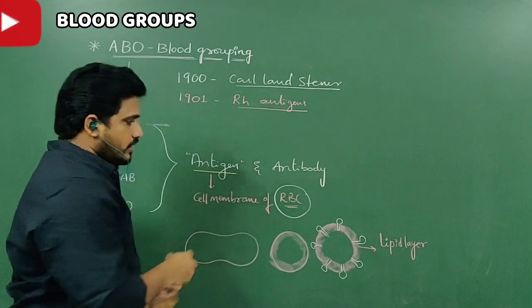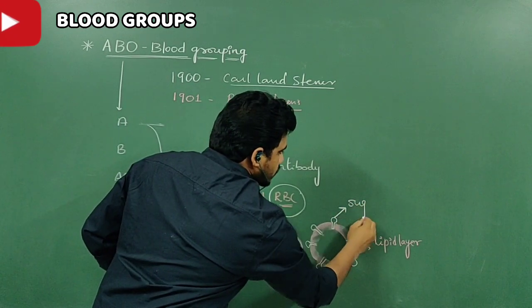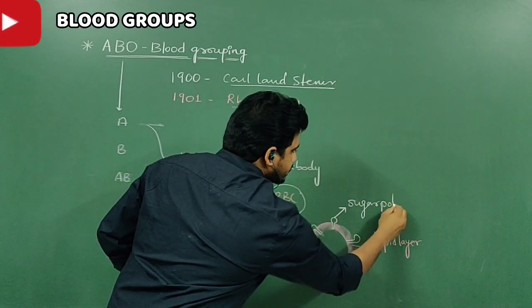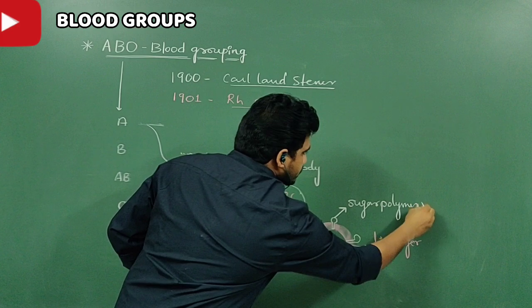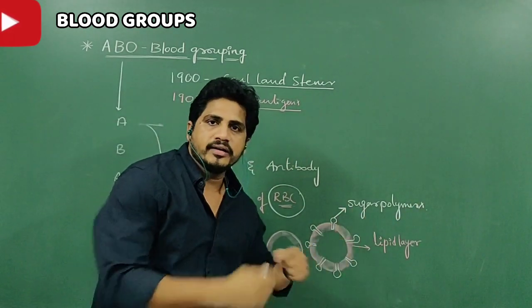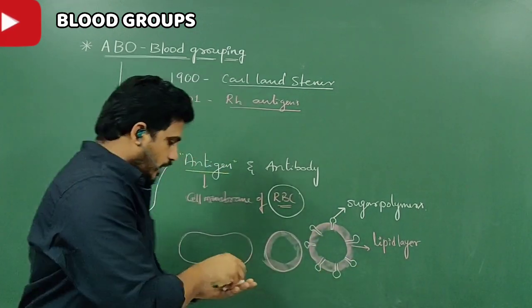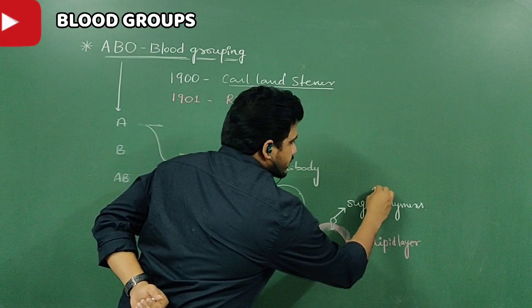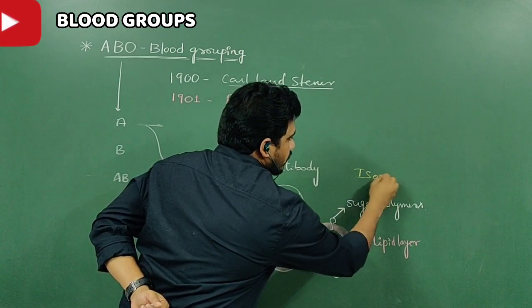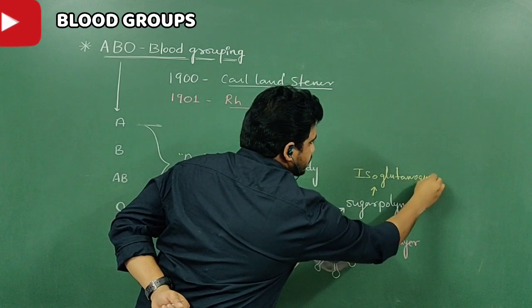Reason: antigens are sugar polymers. Sugar polymers means they are carbohydrate components incorporated with the lipids. They are also called isoglutinogens.